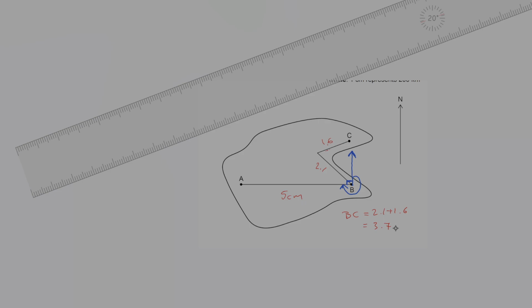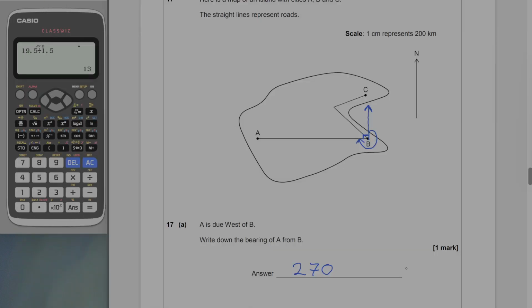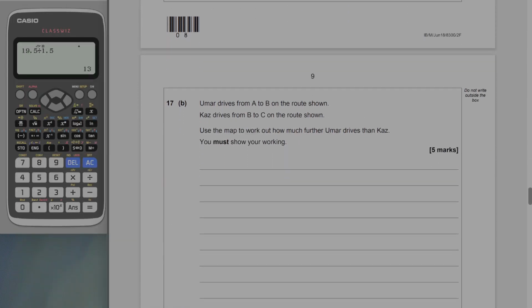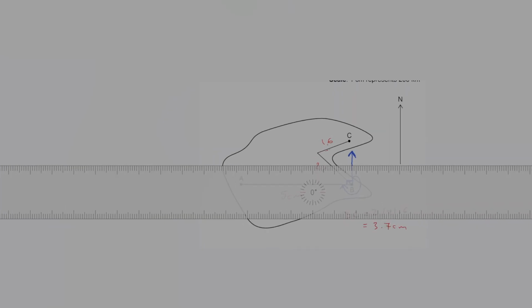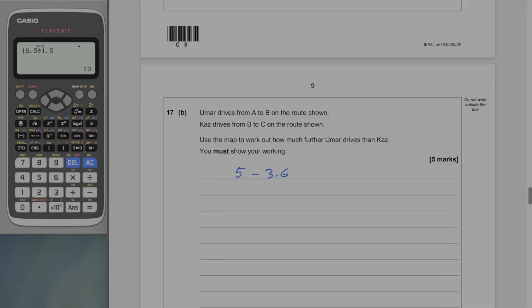So I'm going to switch back to my sheet now. So I want to do 5 take away, I think I said 3.6. Let's just double check. 3.7. So that's going to be 1.3 centimeters difference.